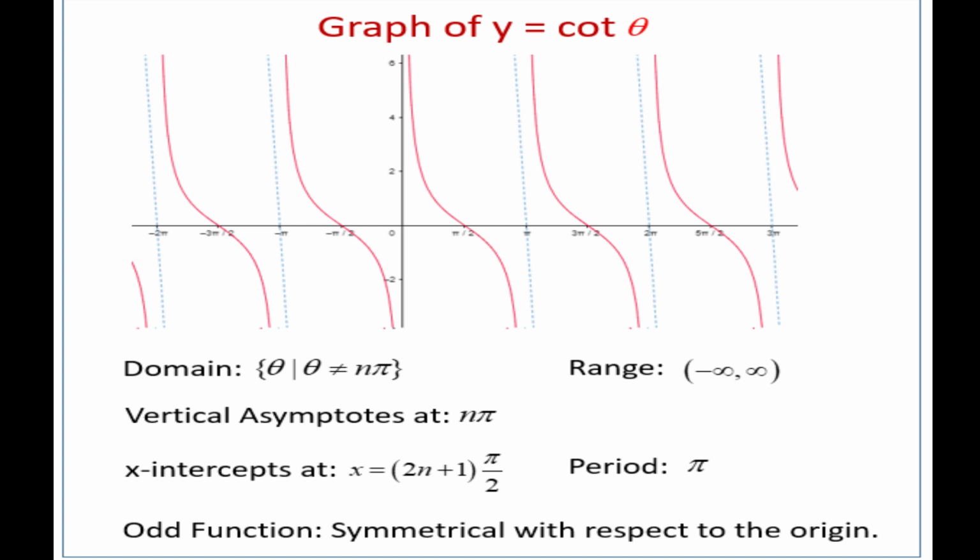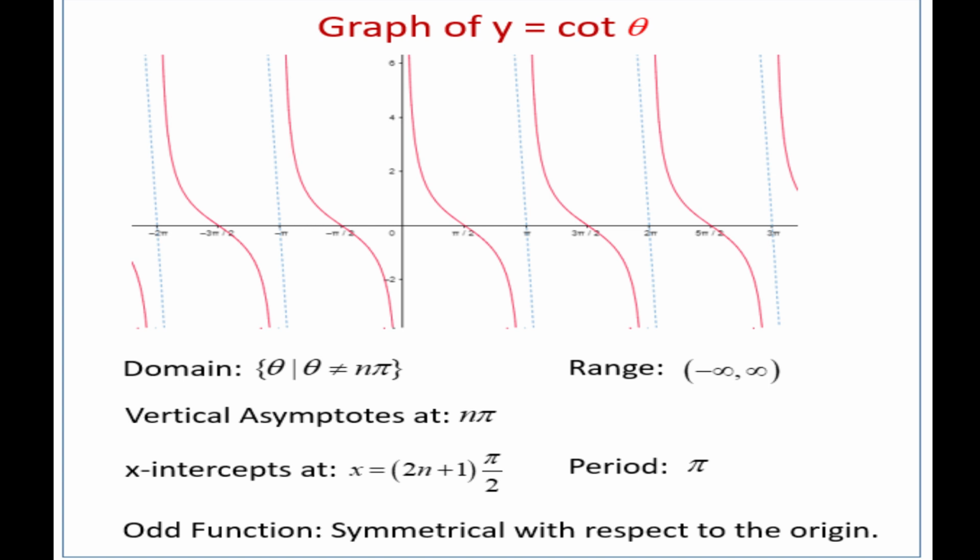The third branch is between 2 pi and 3 pi. Also on the negative side, the branches are between minus pi to 0, minus 2 pi to minus pi. So each branch spans a period of pi. It means the cotangent function completes one cycle during the period of pi. Therefore its period is pi.